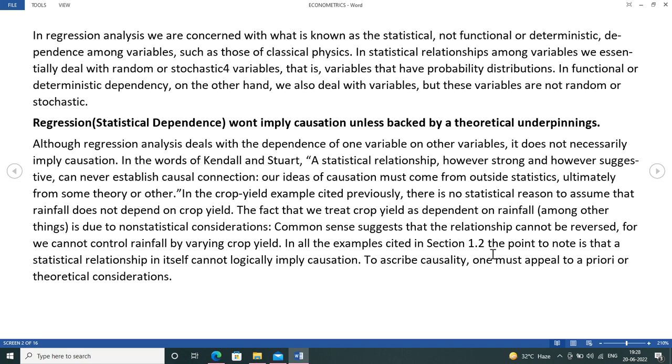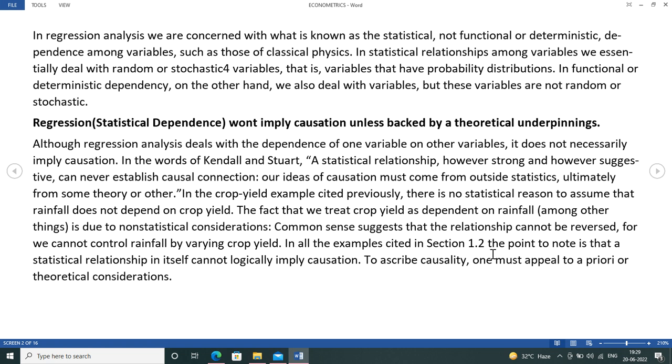Just because you are able to delineate the dependence between two variables doesn't mean you can imply causation unless it has been backed by theoretical underpinnings. Statistical dependence can be taken to have some causation only because it is backed by theoretical underpinnings. Income doesn't imply causation of consumption unless it is backed by theoretical underpinnings.